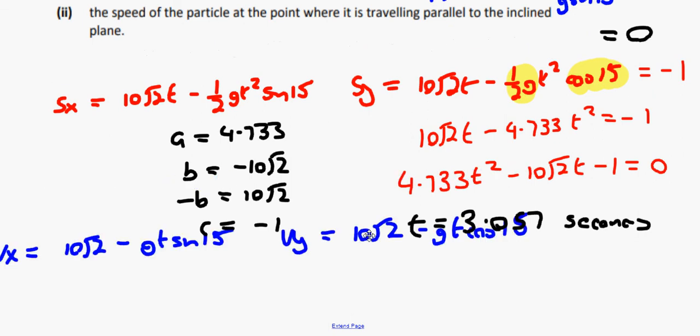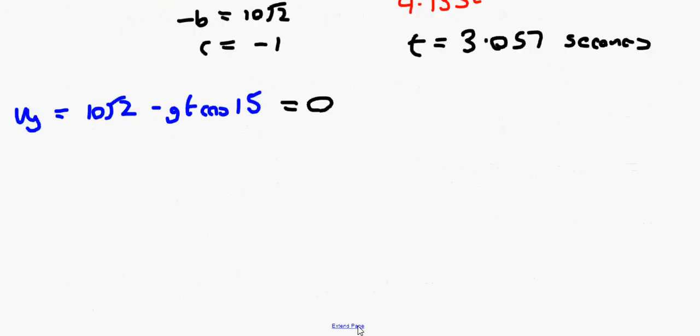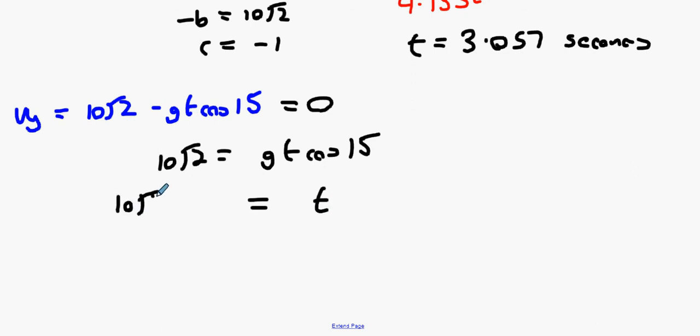Grab this. Yeah, phi y equals 0. What can we get out of this? We can find the time quite quickly. 10 root 2 equals gt cos 15. Time taken is 10 root 2 over g cos 15.